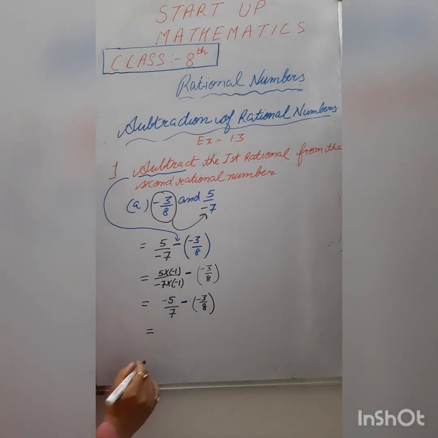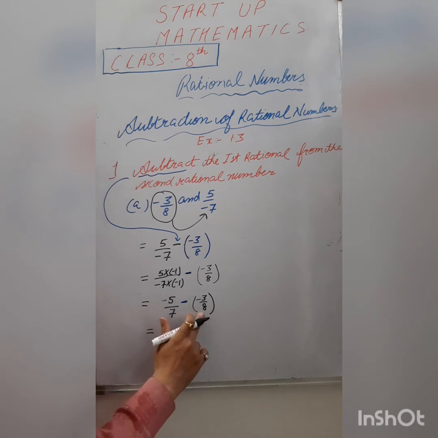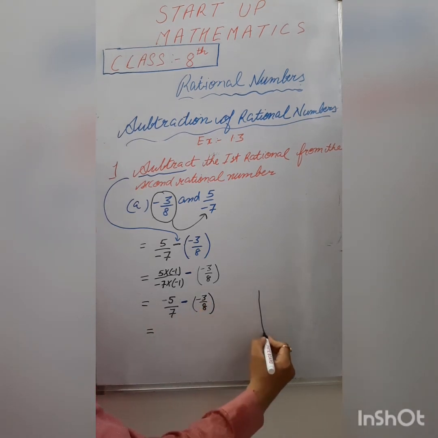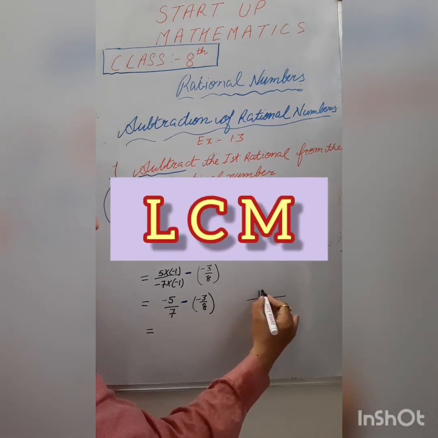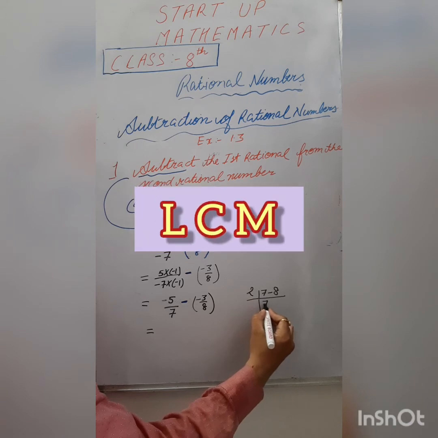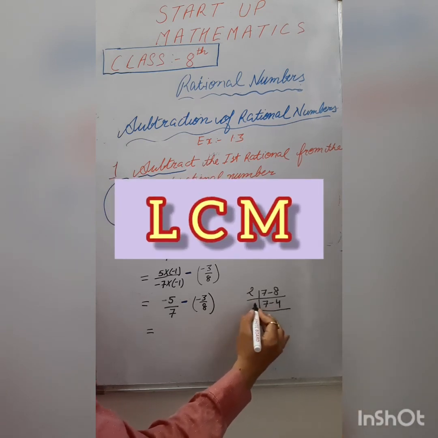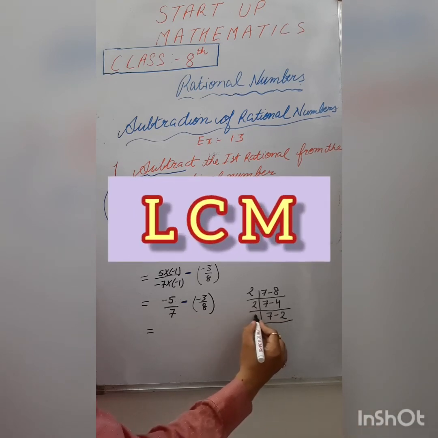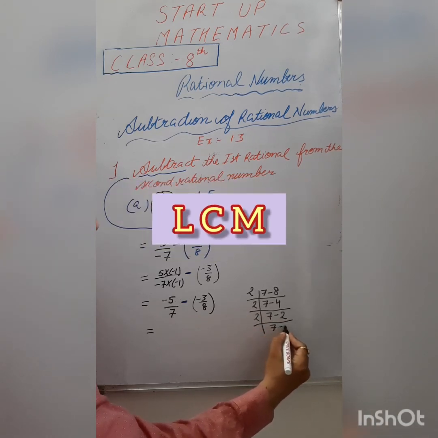So see here, the denominators are 7 and 8. Firstly take the LCM of 7 and 8. Starting with 2: 7 as it is, 2 fours are 8, 2 twos are 4, 2 ones are 2.